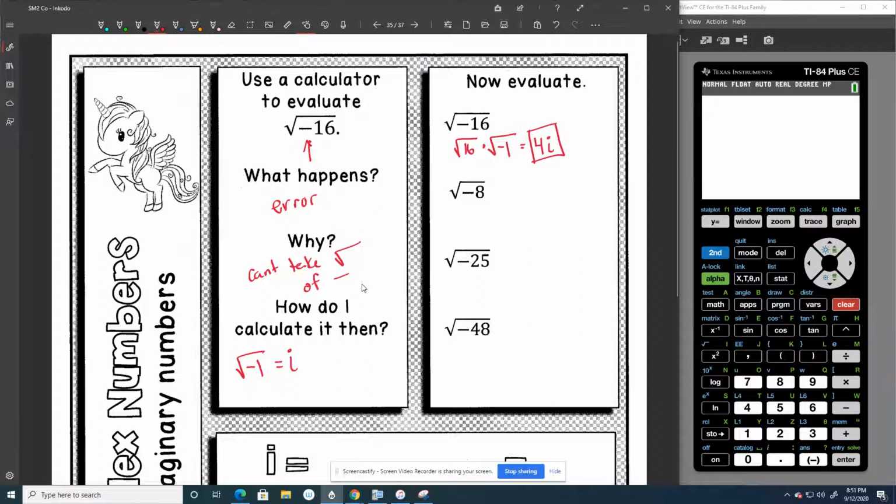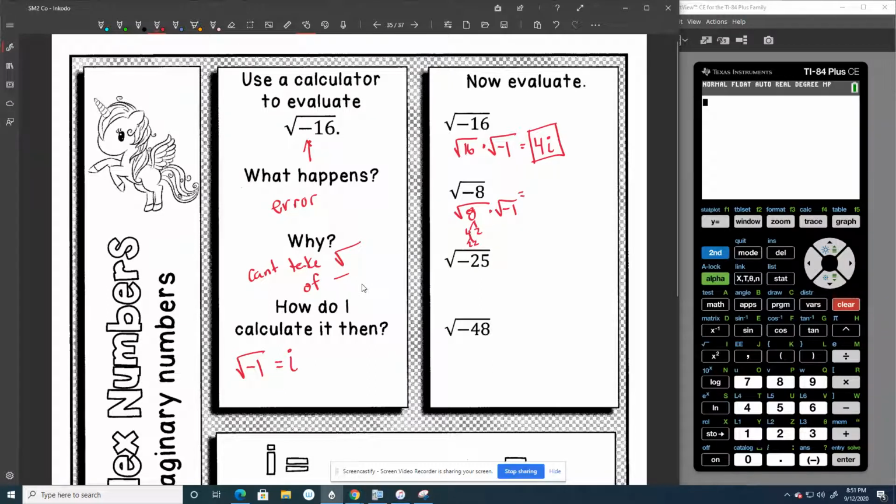Okay? So square root of negative 8, I can split that up to be the square root of positive 8 times the square root of negative 1. Now, the square root of 8 doesn't give us a nice number, but remember, we can factor that to be 4 times 2, and then that to be 2 times 2.